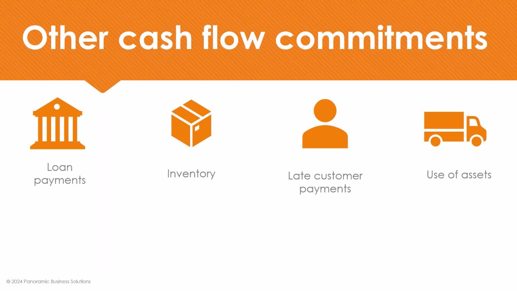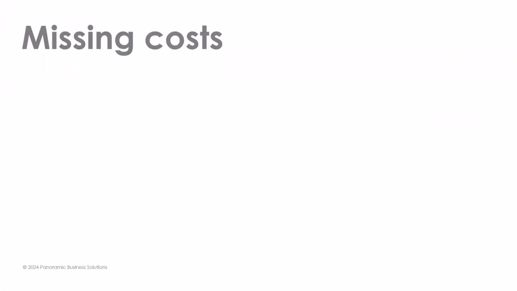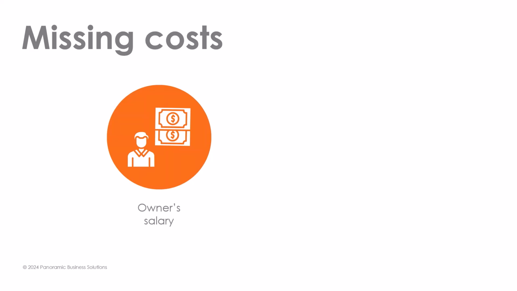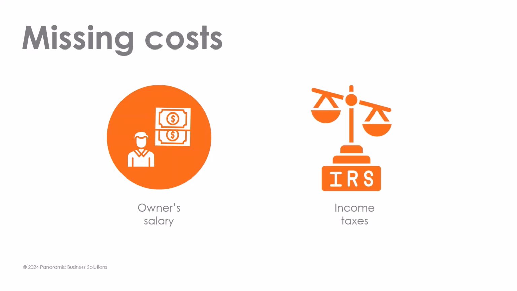Your current revenue needs to cover the cost of the assets that are being used to deliver the service that generates the revenue. And also keep in mind that some costs of doing business are missing when you set your prices. And the 2 most common are owner's salary and income taxes. It's common to overlook these costs if your profit and loss statement is prepared based on the tax return.